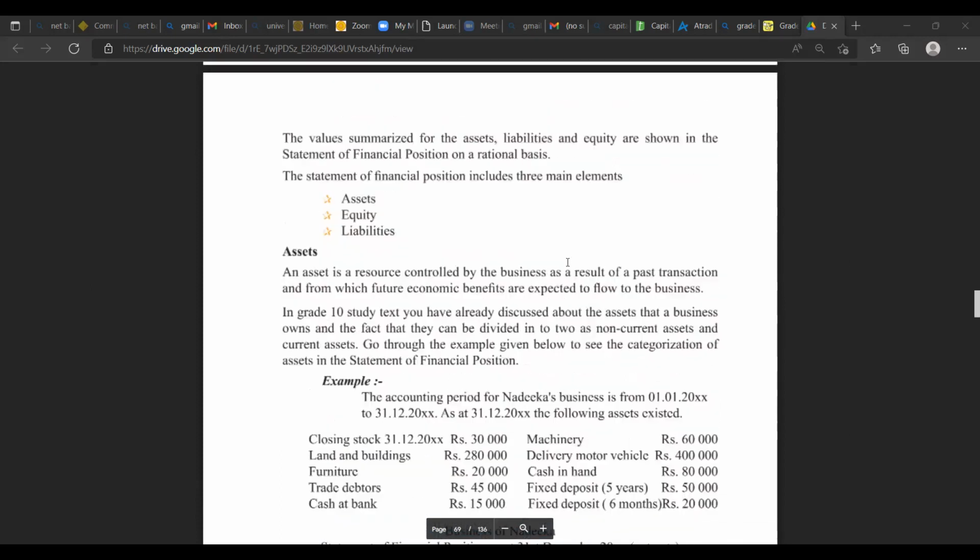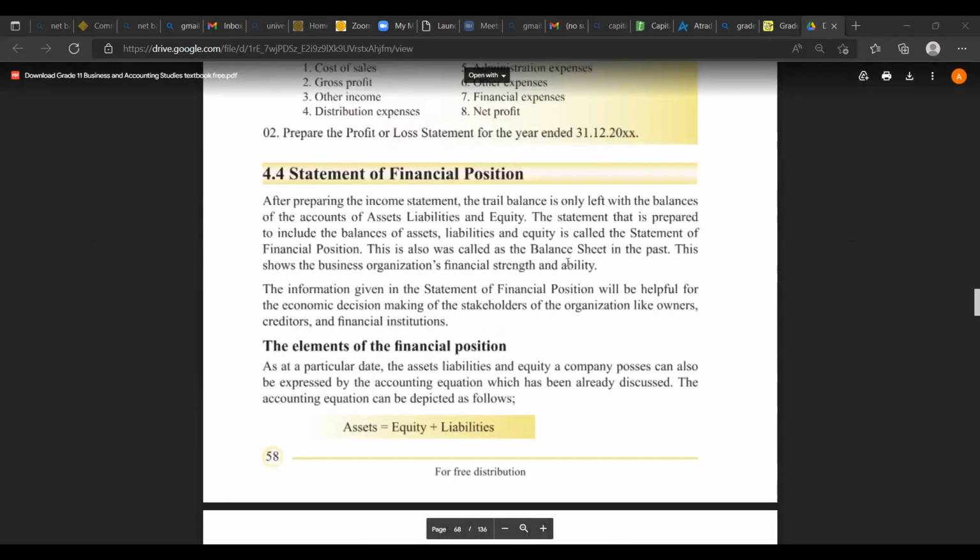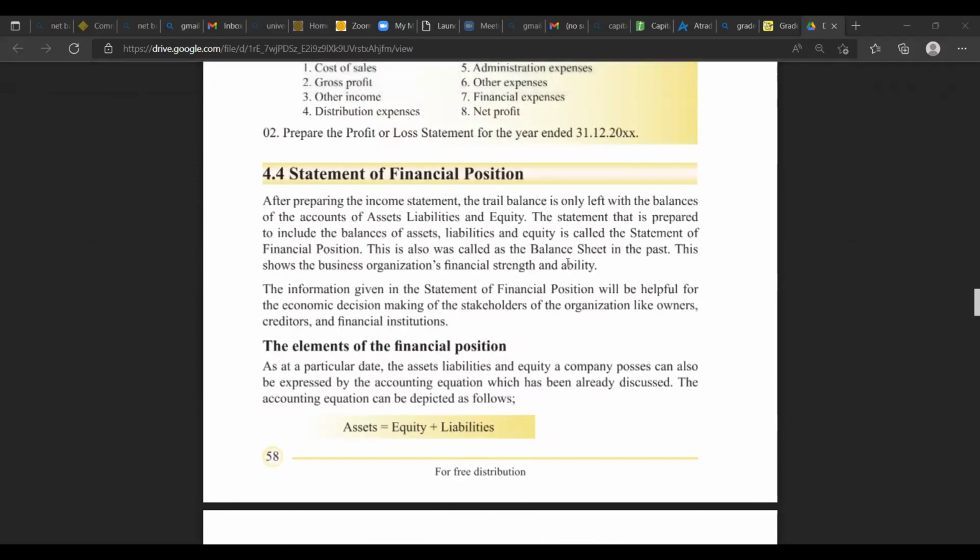Continue. All right. So right on topic, statement of financial position. This reflects assets, equity and liability position as at a given date.